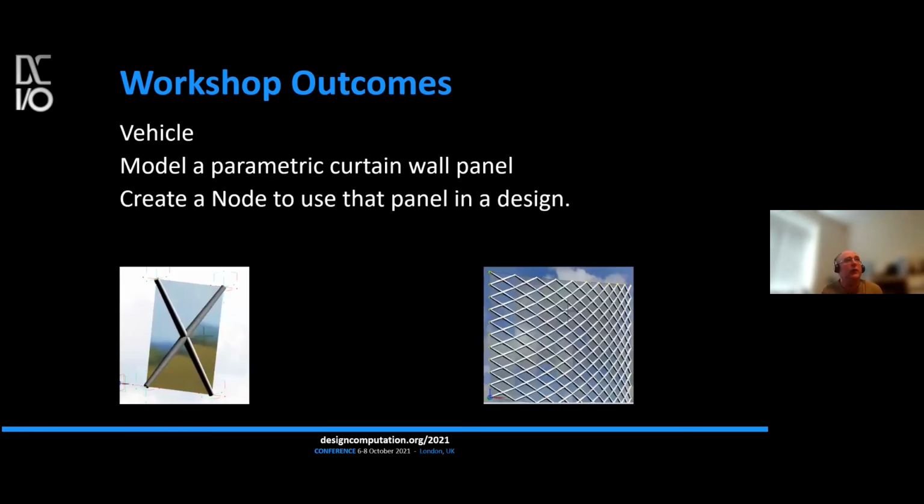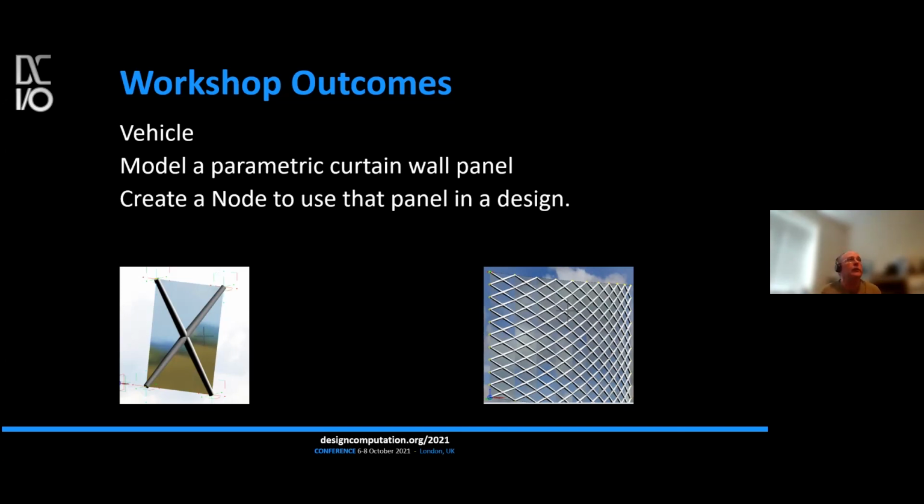And the vehicle that we chose to do this, I know it might be a little bit old hat or basic in terms of some of the really exciting stuff that you may have seen over the last couple of days, but we used a very simple vehicle where we created a parametric module. We converted that parametric module into a node that we could transport to and use in other files or even on other machines.